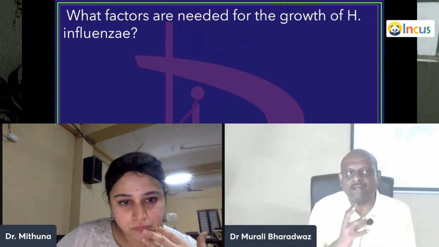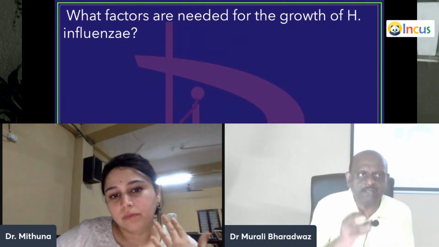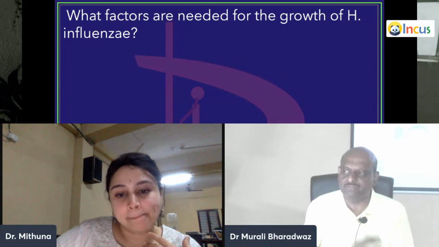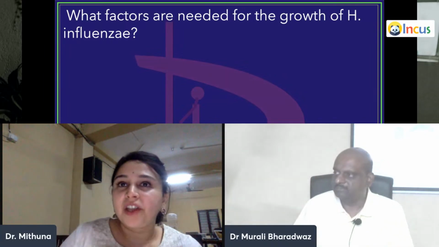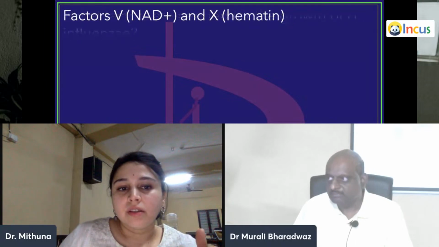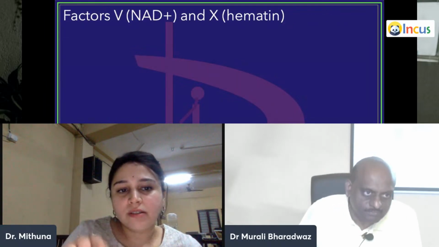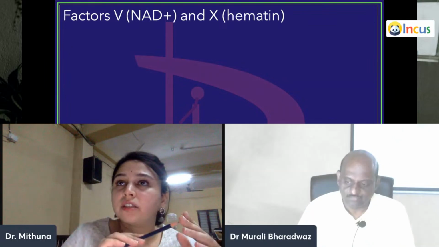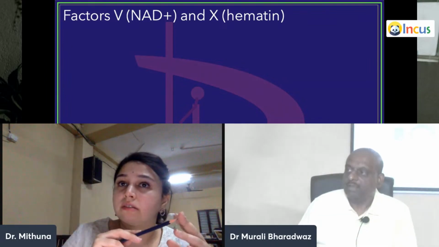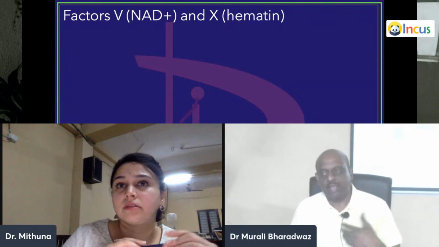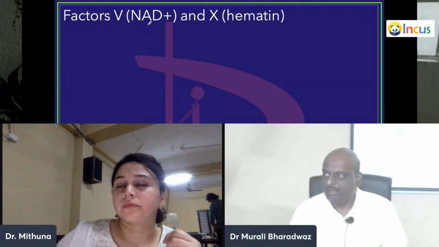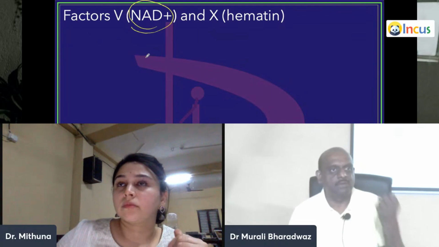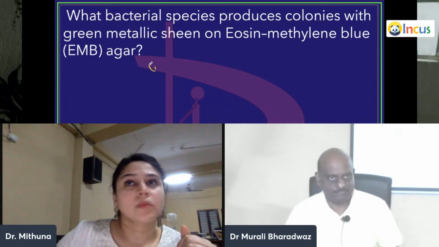What are the factors specially needed for the growth of H. influenzae? Factor 5 and factor 10. Sir, I didn't understand what this NAD plus is in the brackets. Whenever H. influenzae needs to grow, it needs NAD plus as a cofactor.